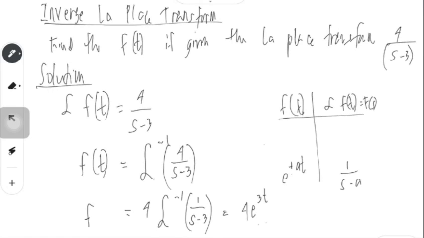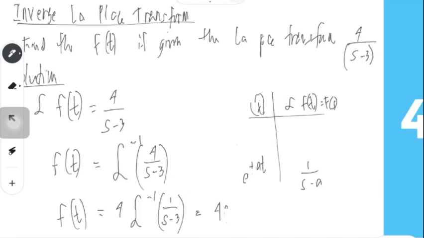Any questions so far? I hope you can follow. Yes po, sir. Pagka kinuha mo yung transform ng 4 e to the 3t, ang lalabas, 1 all over s minus 3. Let's have another example. I hope everything is clear.